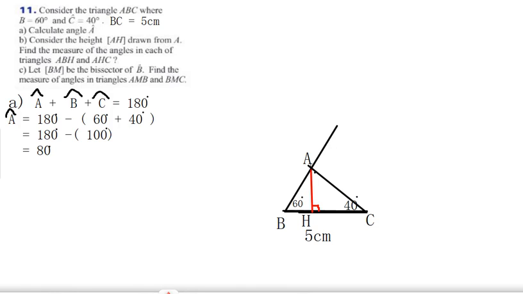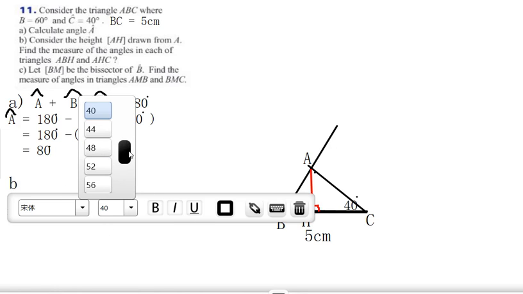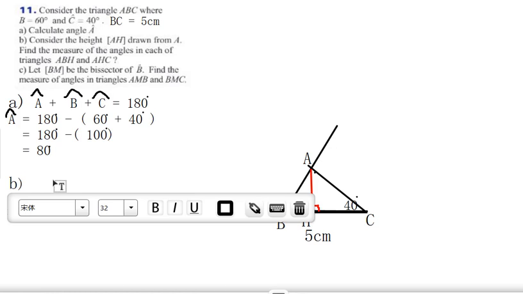Let's start with triangle ABH. I want to find its angles. In each triangle, we have 3 angles. So starting with part B, we are going to start in triangle ABH.